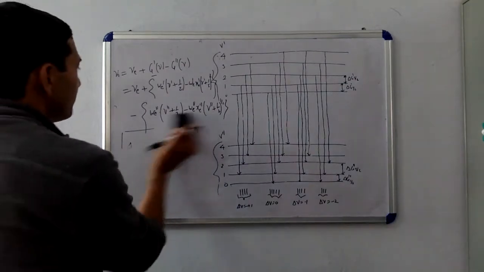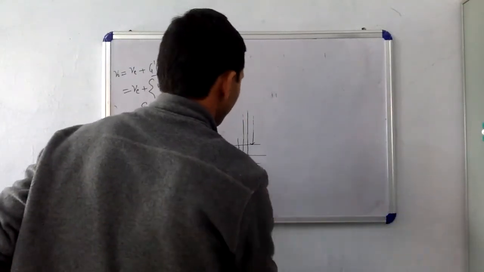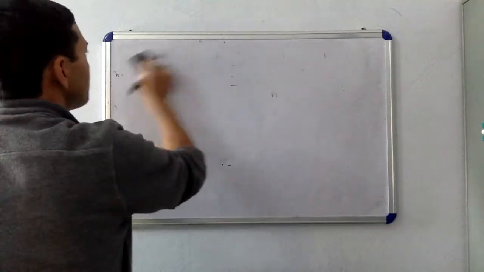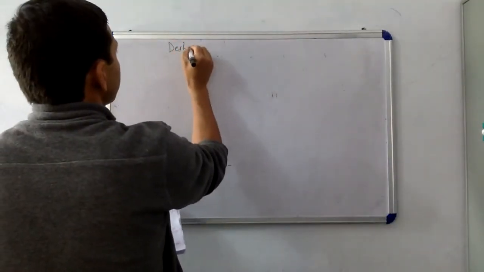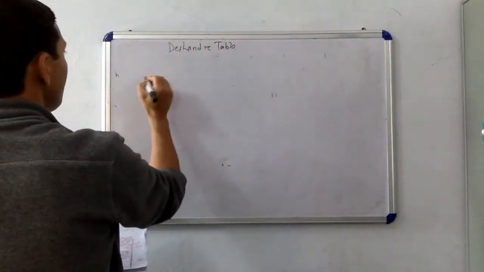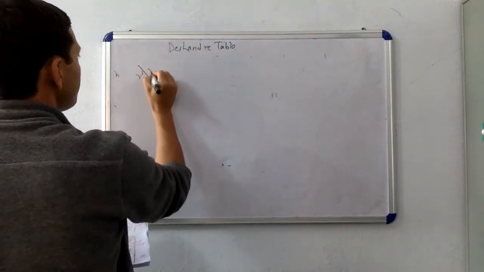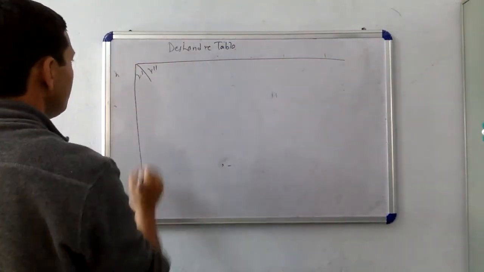So this table I am making now with the help of these transition formulas, that is called the Deslandres table. So what you have is ν' and ν''. These are the values.